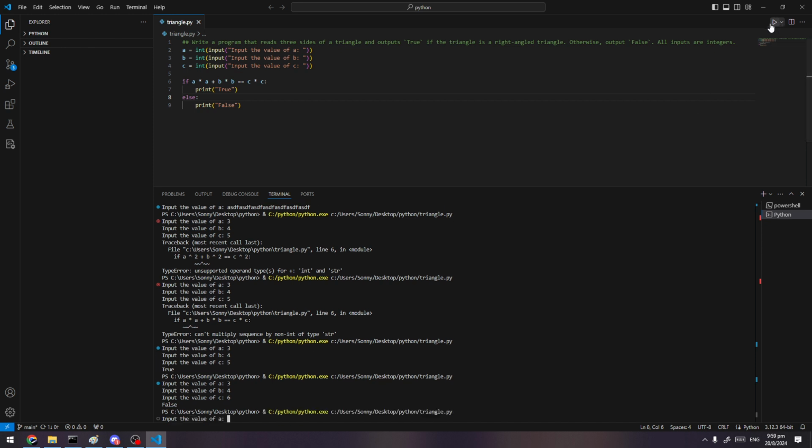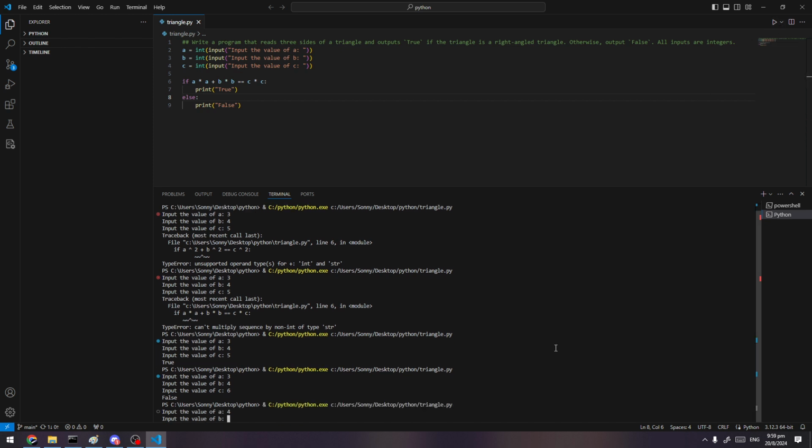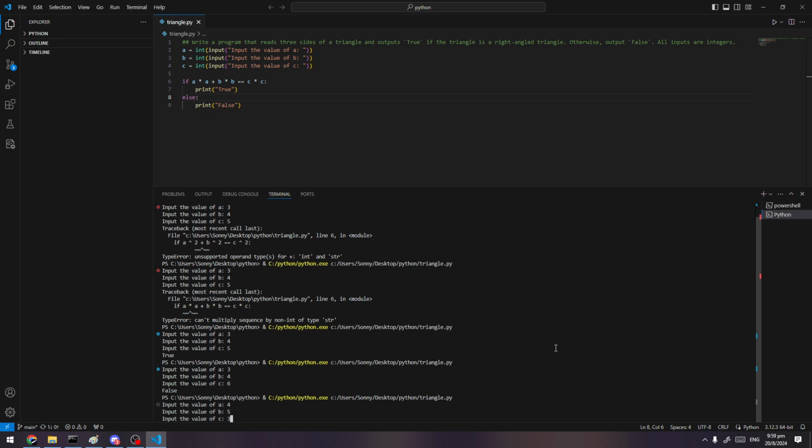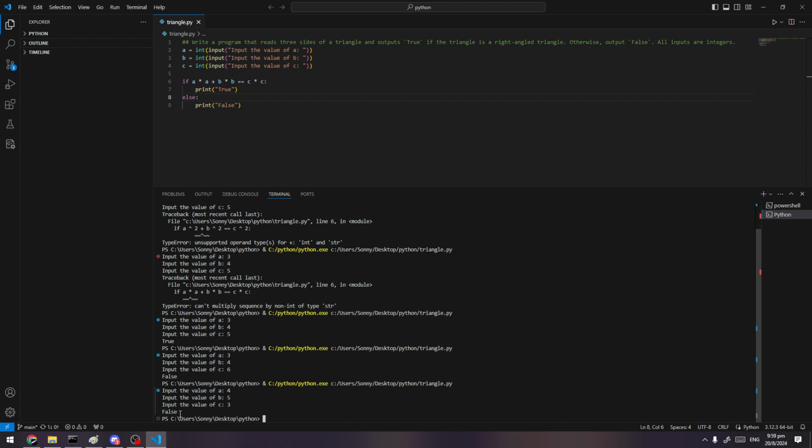Let's try 4, 5, 3. Okay, you get false here. What's the issue? When the numbers are 3, 4, 5, it matches the condition, but with 4, 5, 3 it does not. What's the problem? You are doing 4 square plus 5 square equals 3 square.